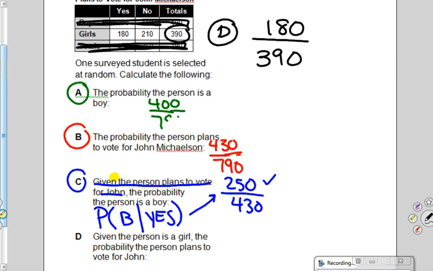Now E is where we do the test for independence. Is voting for John and being a boy, are those two events independent?